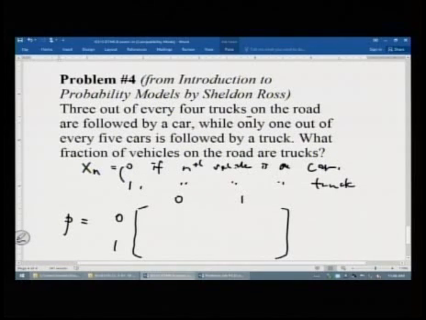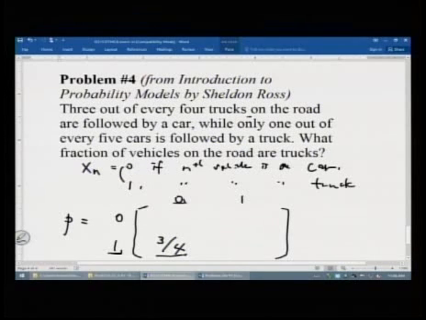So it does say 3 out of 4 trucks, right? So followed by a car. Does that make sense? So that's why I put 3 over 4.